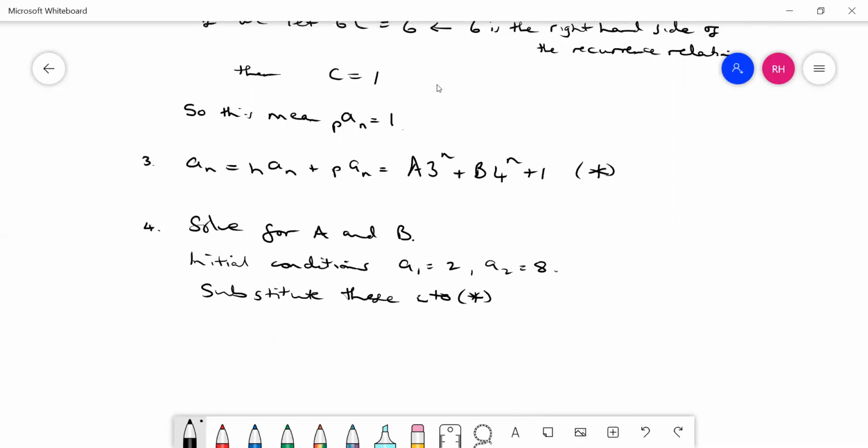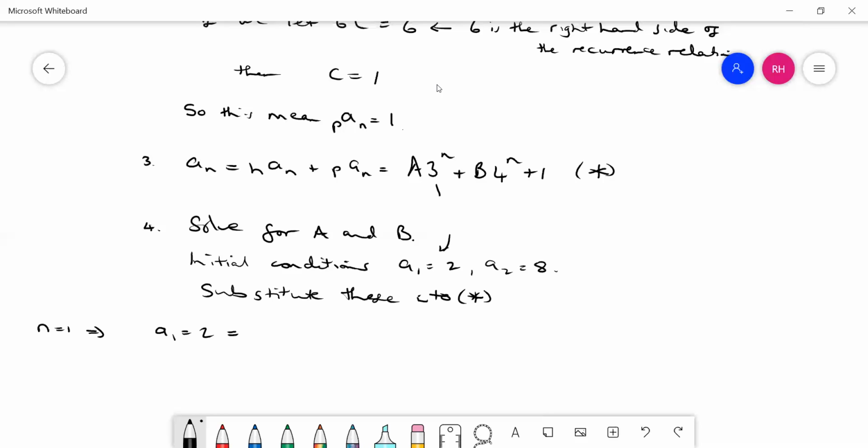So, well, we could say that A1 equals 2, but this is with n equals 1. So I'm just letting n equals 1. And what does that tell me? It tells me that A1 equals 2, because we're told that's what it equals.